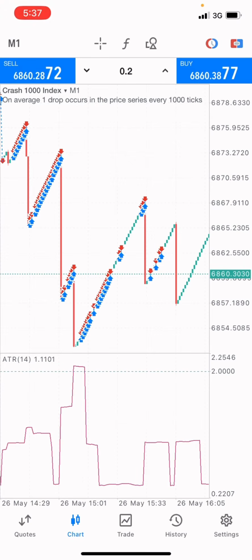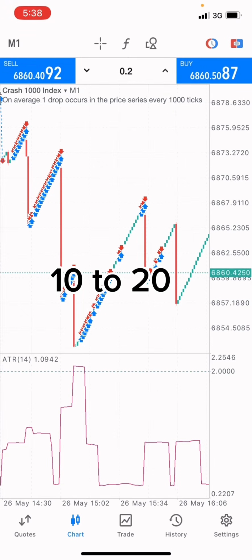Now, if you set the lot size to 0.30, we'll close at 8 cents. This is why: if you add 10 to 20, it should be 30, so adding 1 to 2 gives us a 3 lot size, and we close at 8 cents because 4 plus 4 gives another 8 cents.